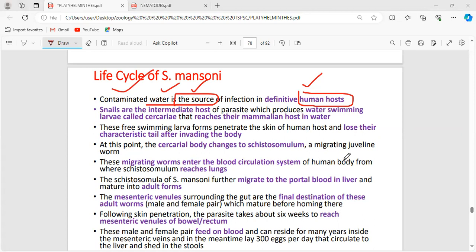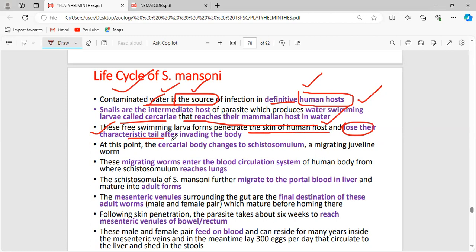Very good, cercaria. It is going to reach the definitive host. Snails are considered the intermediate host of the parasite, which produces water-swimming larvae called cercariae that reach their mammalian host in the water. These free-swimming larvae penetrate the skin of the human host and lose their tail. This is an important characteristic feature.